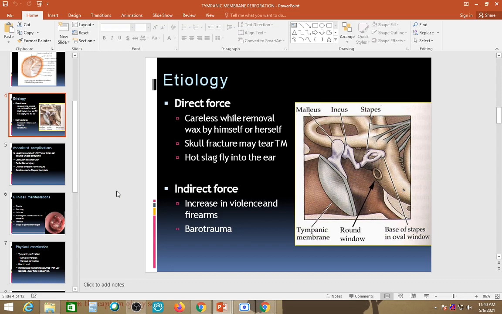Roll number 5. Ma'am, there might be bleeding and hearing loss also. Then the shape of the perforation is slit. Then otalgia. What else?